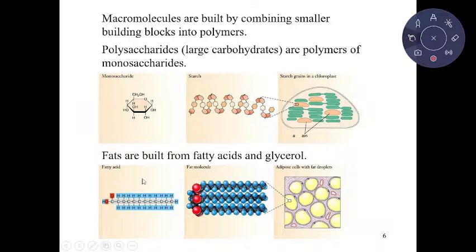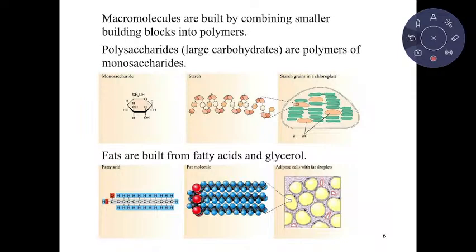This is a fatty acid molecule with a number of carbon atoms and hydrogen atoms present, and a fat molecule is formed by combining fatty acid molecules, and they are locked in the adipose cells as fat droplets. See how they have packed like this.